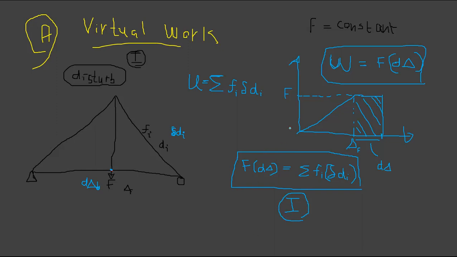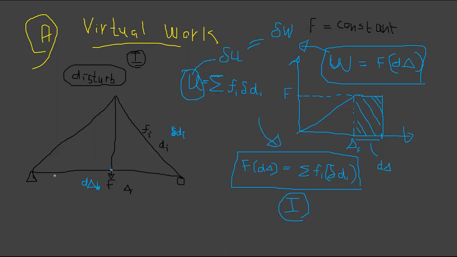Actually, this is not the W. You can call it delta W, because it is an additional work done. And this you can take as the delta U. So delta U is equal to delta W, and then you form this equation.